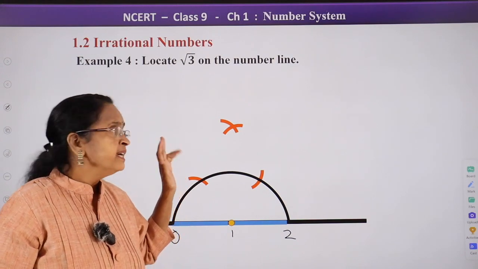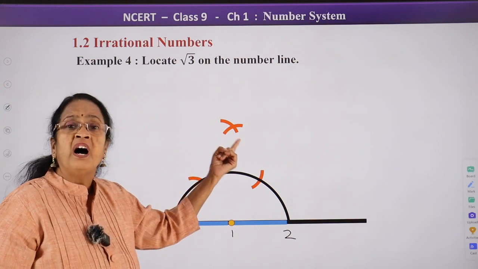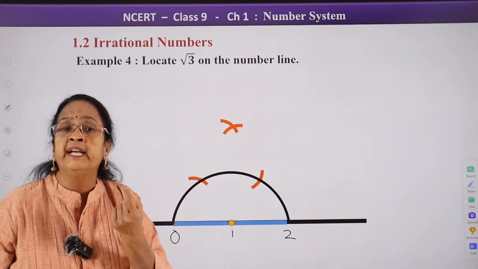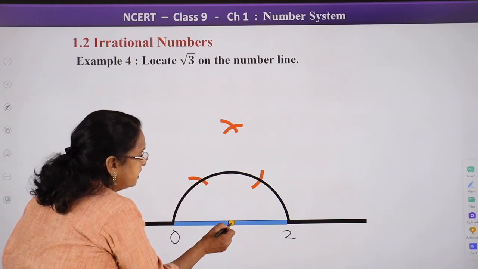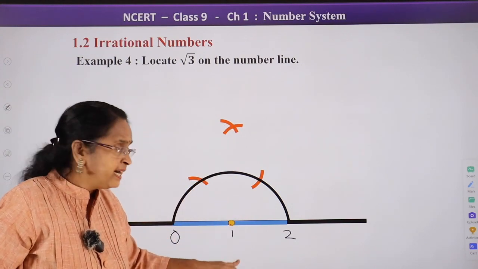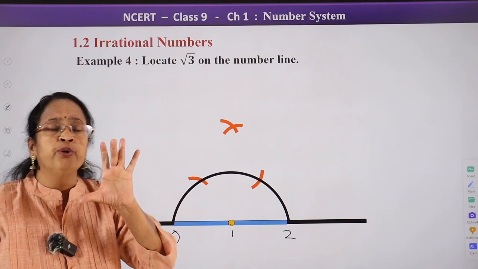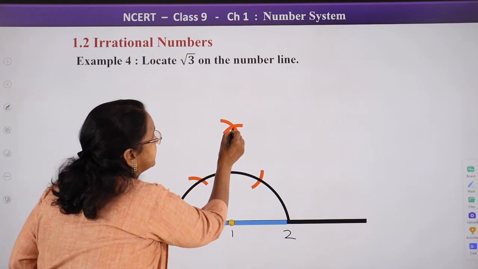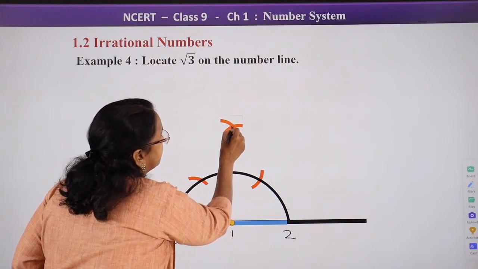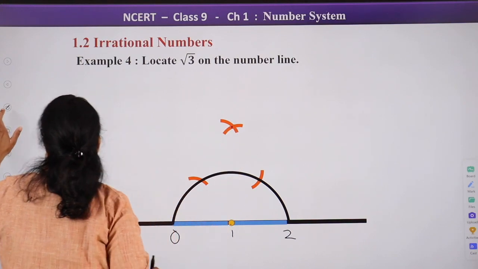Now, the point where the two arcs intersect is connected to the point at 1. This joining you have to be very careful. Please mark a point as the intersecting point.